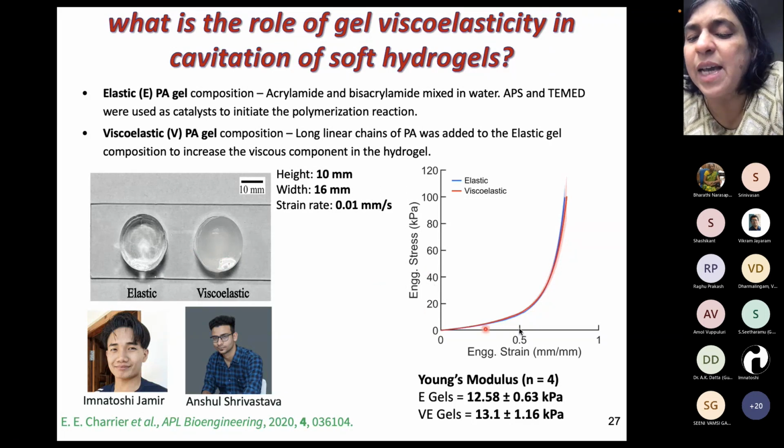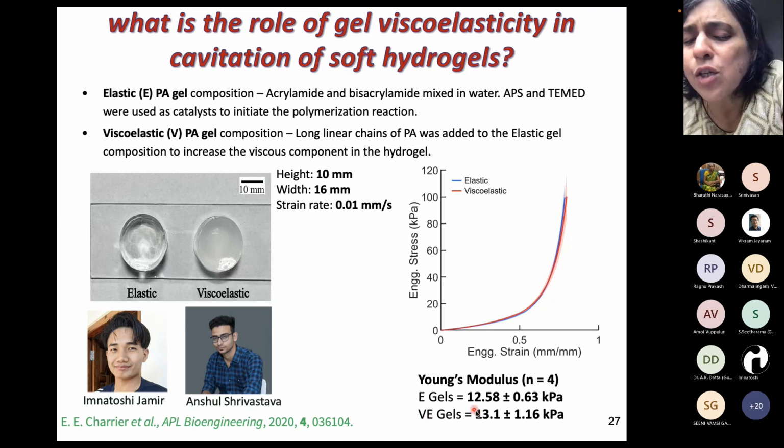When we did the experiments for compressive moduli, these are all about 4 samples that they've tested, and there's hardly any variance in the properties of the gel. All of them are getting very nice reproducible results for what I will call E gels, which are elastic gels, and the VE gels, where you have more linear polymers inserted inside.